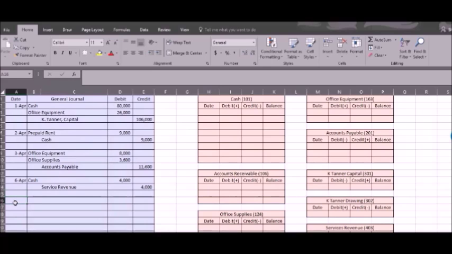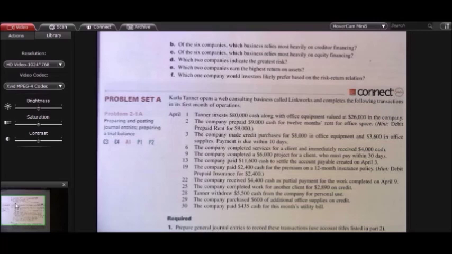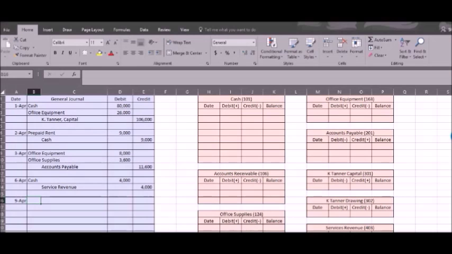Right after the 6th comes the 9th, where we completed a $6,000 project for a client who's going to pay us within 30 days. So now we're doing work for somebody, but we're not getting paid yet. But they owe us this money, and we call it accounts receivable when they owe us money.